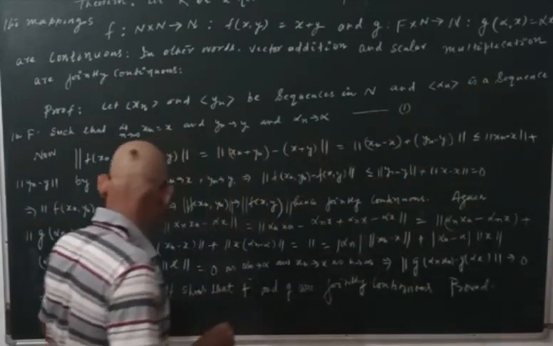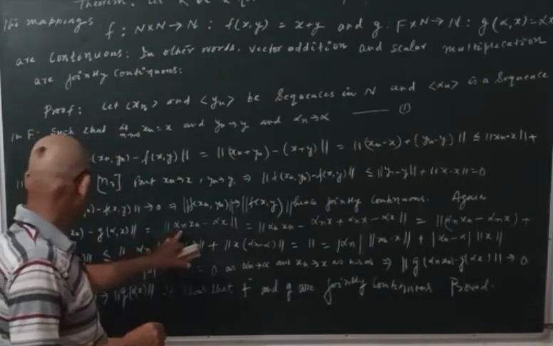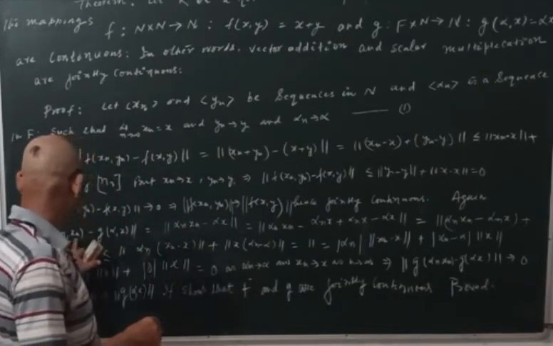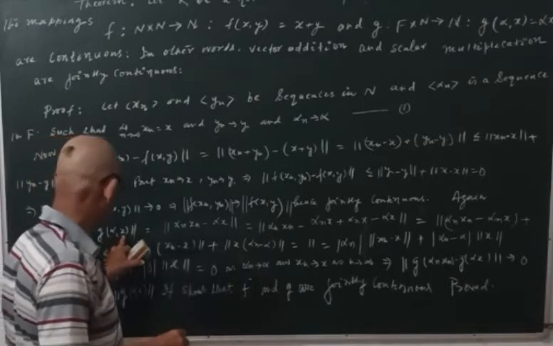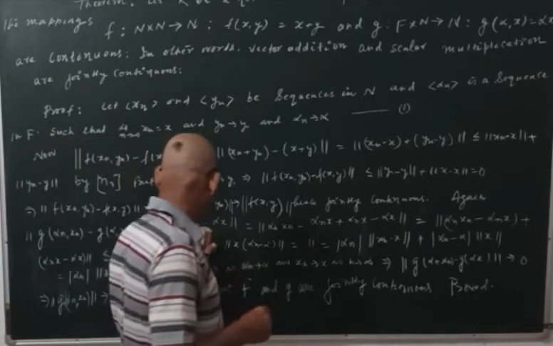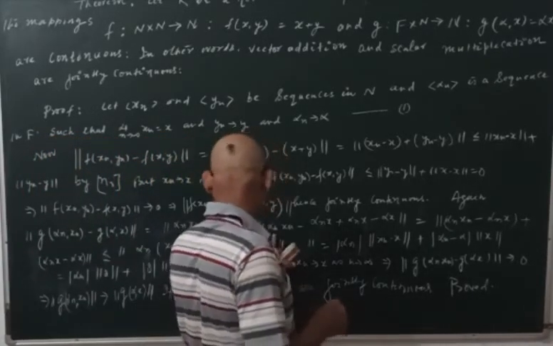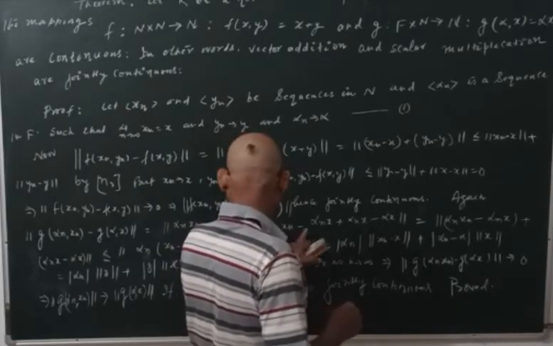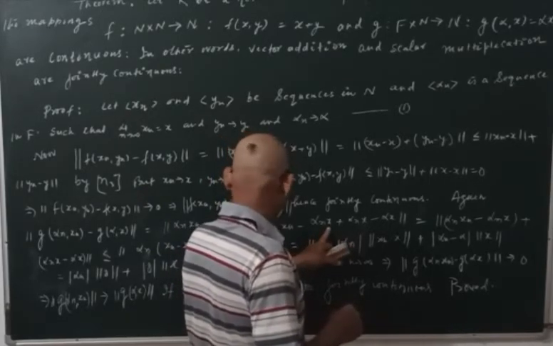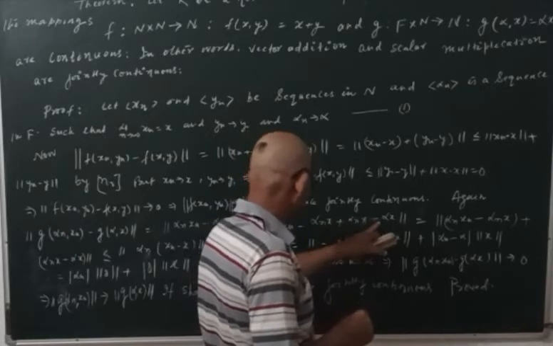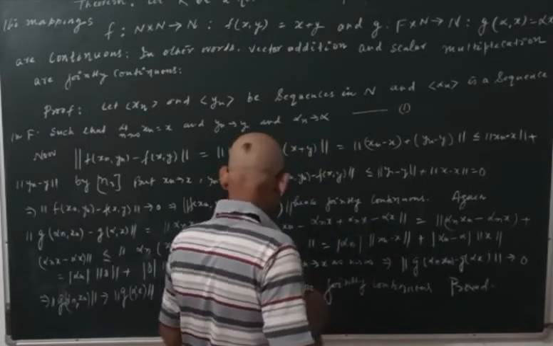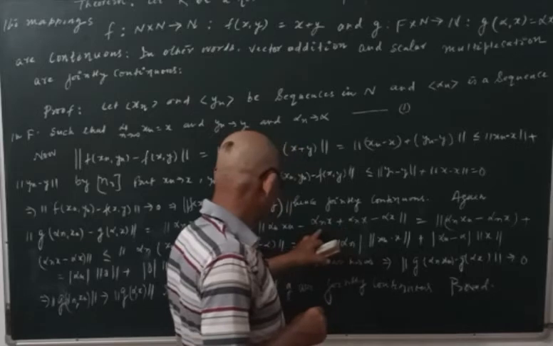So this is alpha n xn minus alpha x. It can be expressed as alpha n xn minus alpha n x plus alpha n x minus alpha x. That is, we add and subtract alpha n x in between.